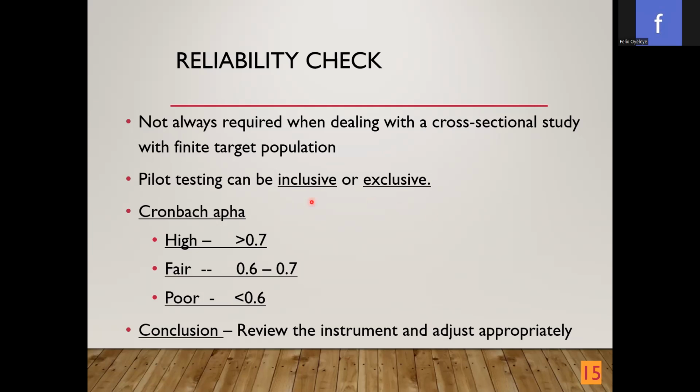That is an inclusive pilot test. The decision whether to go inclusive or exclusive may be largely dependent on economic factors. Instead of collecting samples from people that at the end of the day you may not include in your study, you may decide to conduct your pilot testing on people that will ultimately be included in the research. Very, very important.